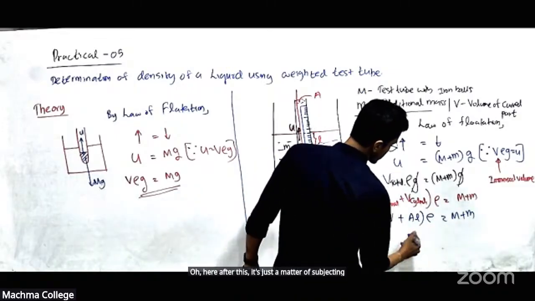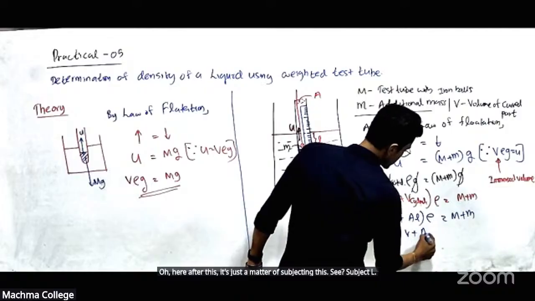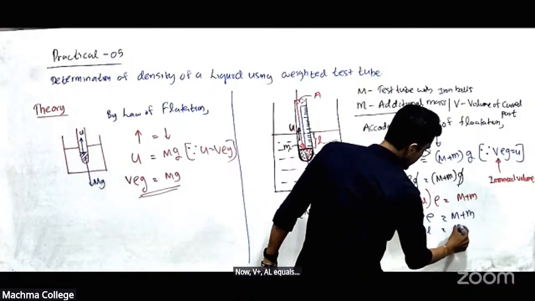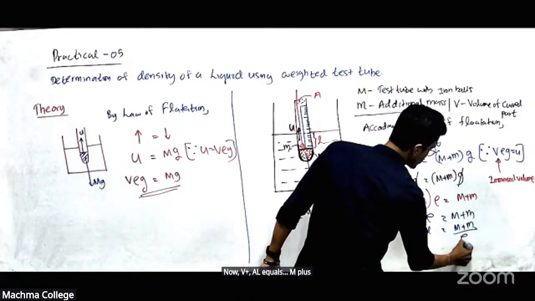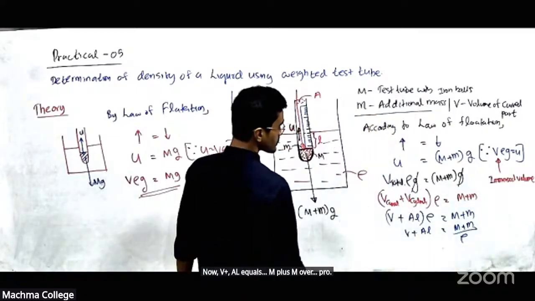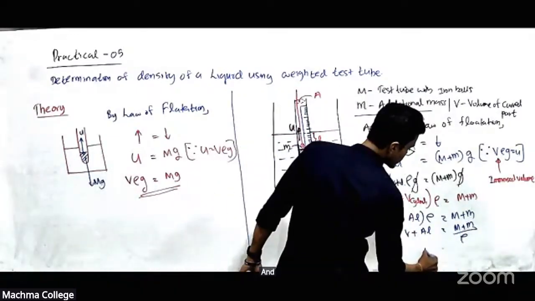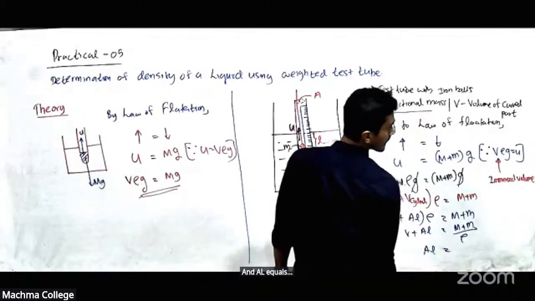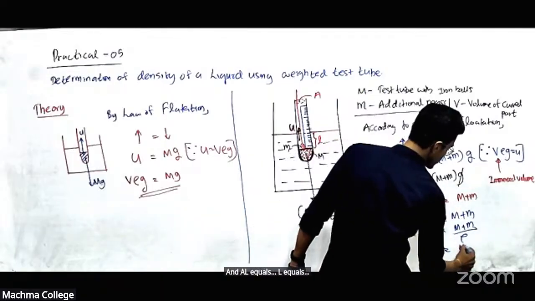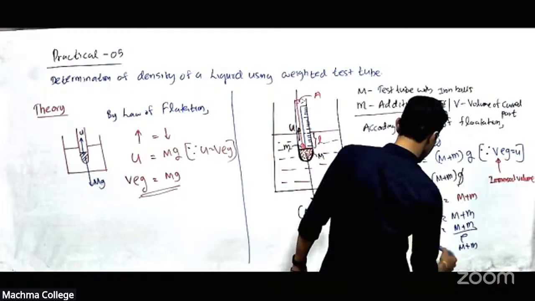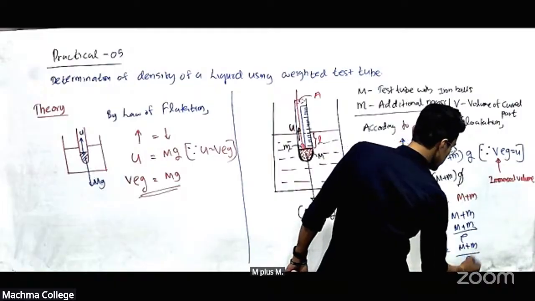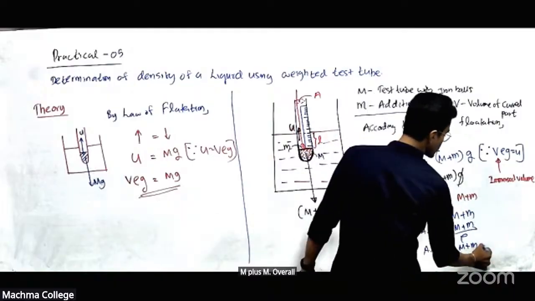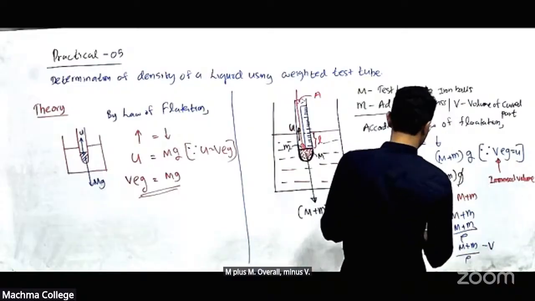Now, V plus AL equals M plus M over rho. Right? And AL equals M plus M over rho minus V. I'll do the rest here.